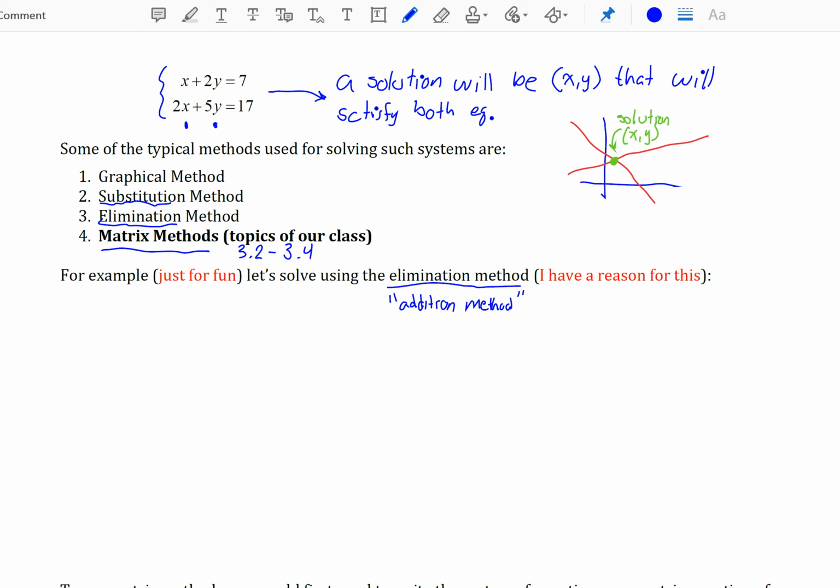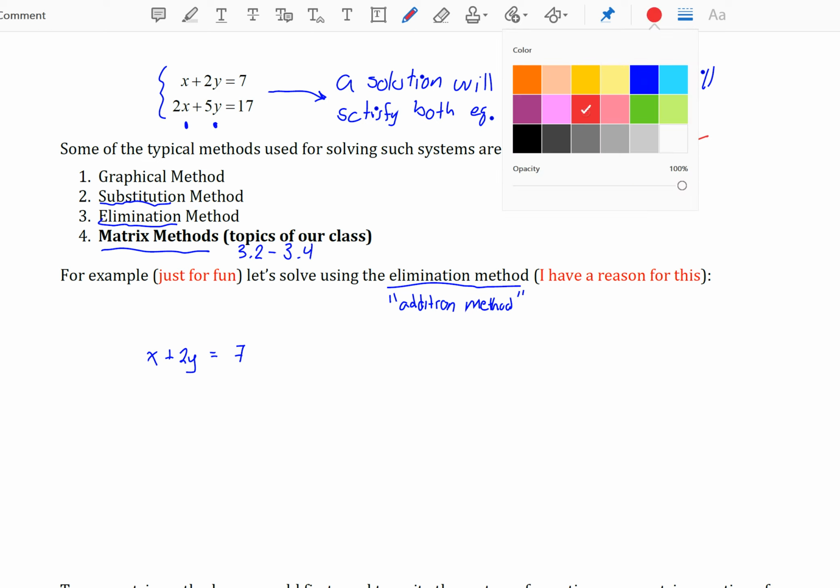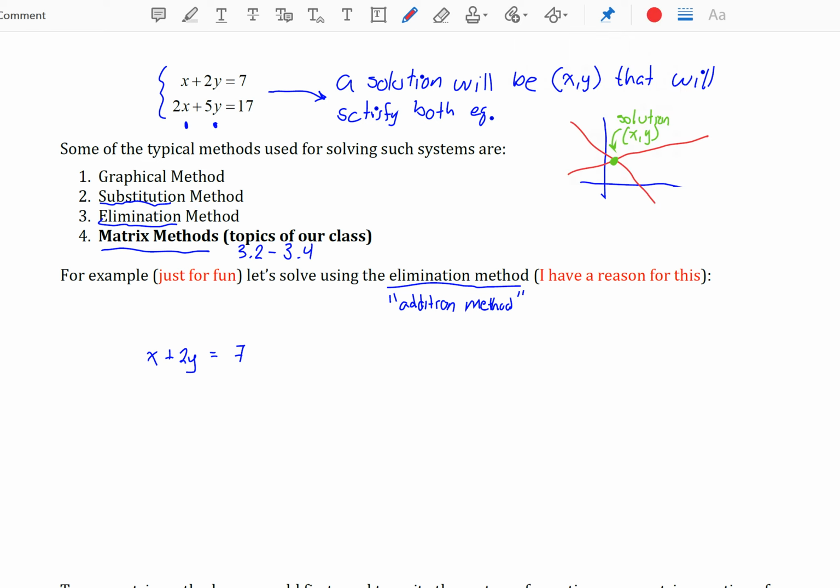So what I'm going to do is take my original equation, the x plus 2y equals 7, and I'm going to choose to multiply everything in this first equation by a value that'll have the x's cancel.